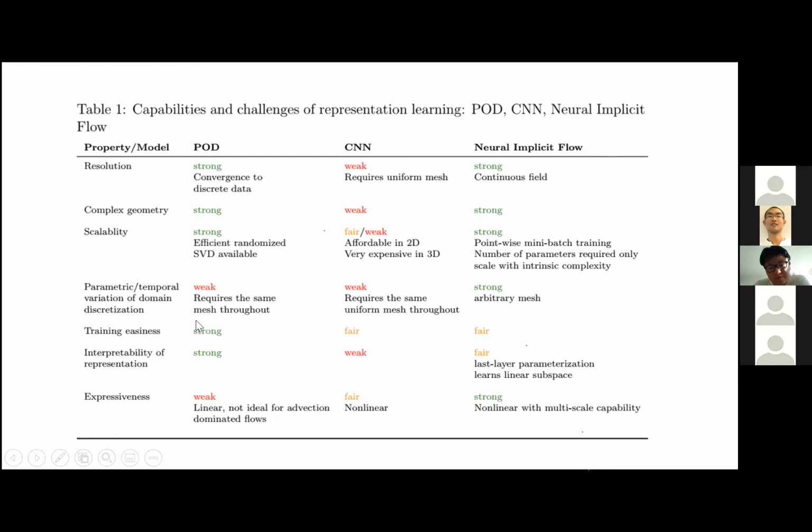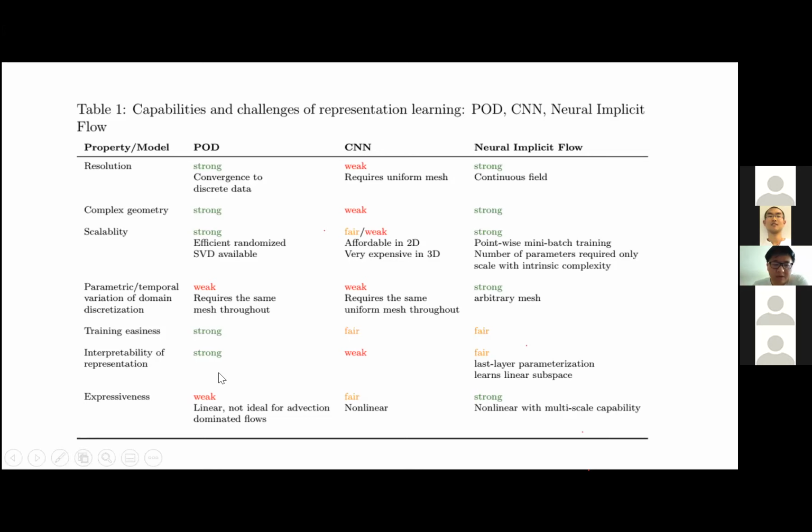However, for some problems, Neural Implicit Flow might be the only way. In terms of interpretability of the representations, POD is kind of strong because it's not a gradient optimization process, so you always end up with the same basis for the same data set.